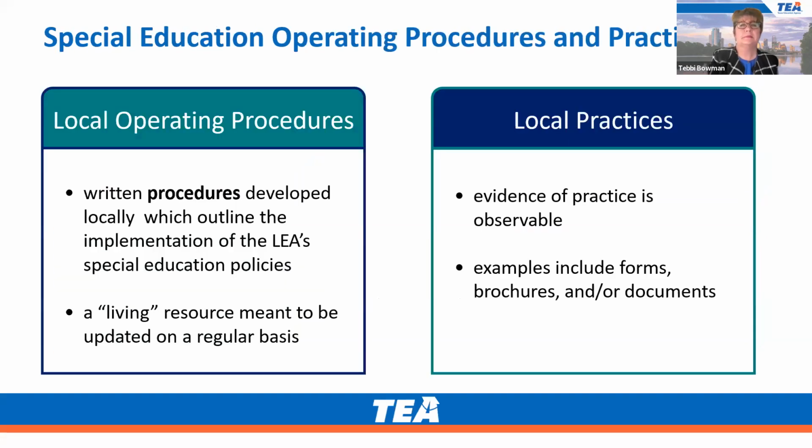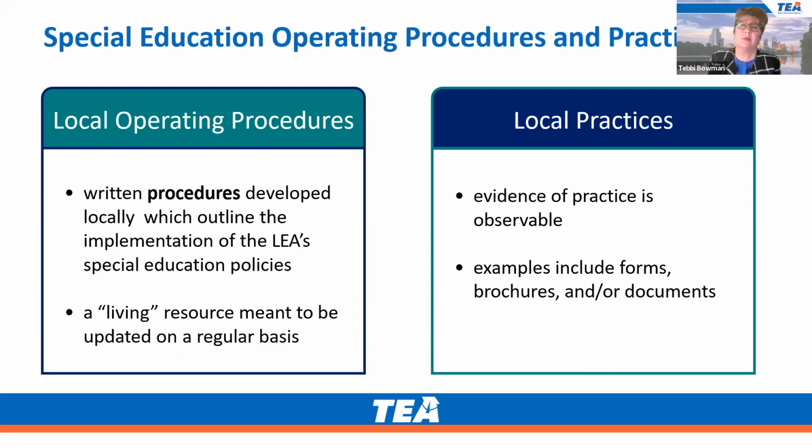Next slide. So let's look specifically now at how special education operating procedures and practices work with board legal and local policies. Operating procedures describe how the LEA implements its special education board legal and local policies. This should serve as a living resource that is meant to be updated on a regular basis to ensure that procedures include any changes in legal requirements set by federal and state regulations, and also changes in the local board policy.